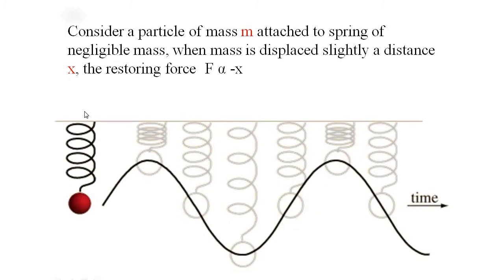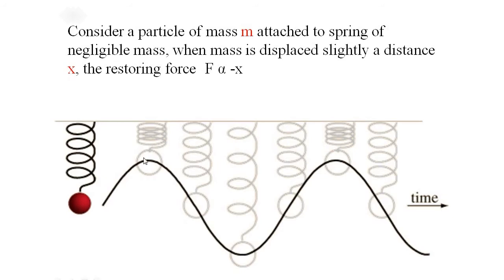Here the mass of this bob is m. Once it is compressed, a restoring force develops, and the force is proportional to minus x.